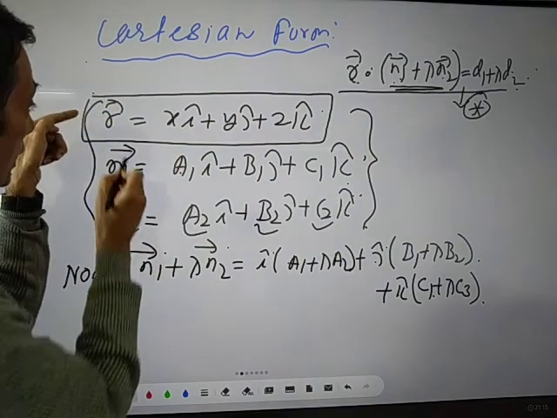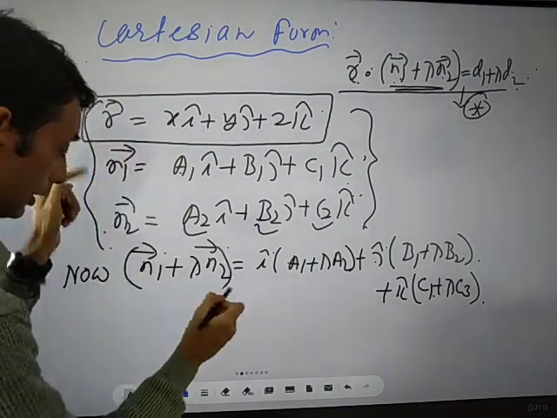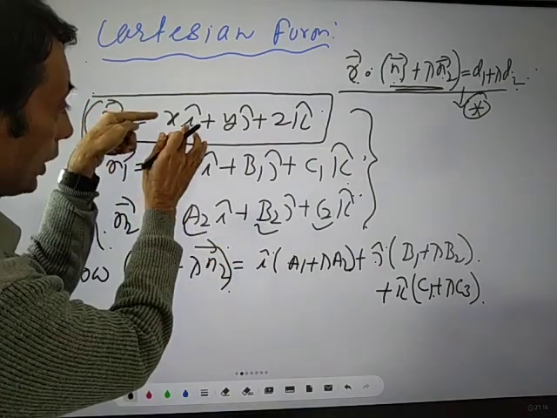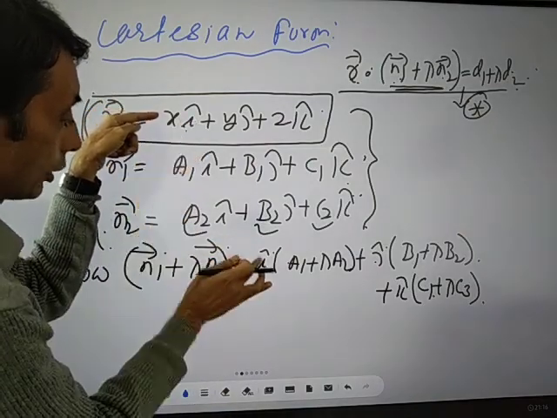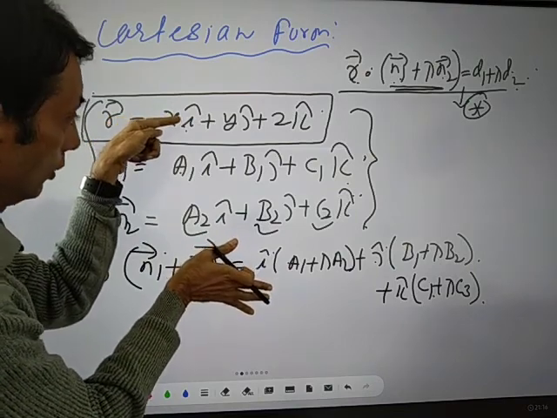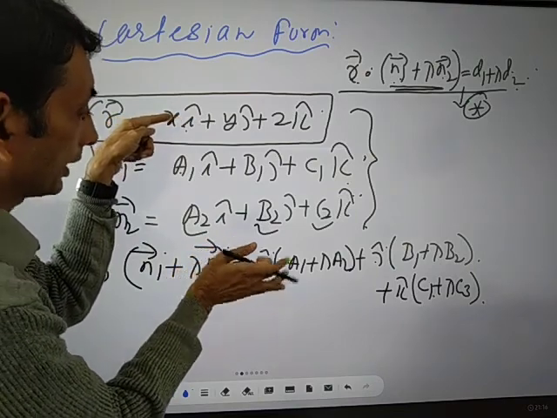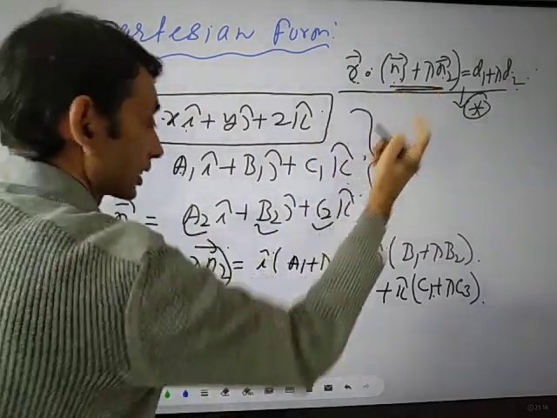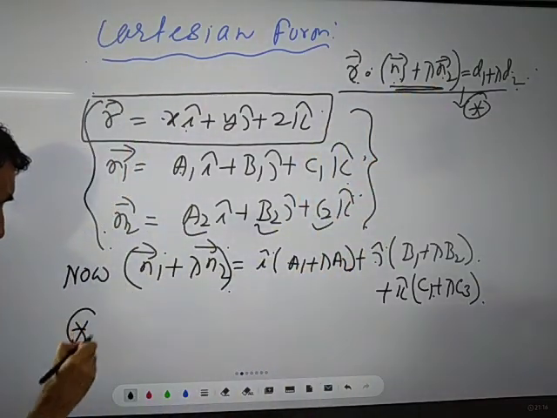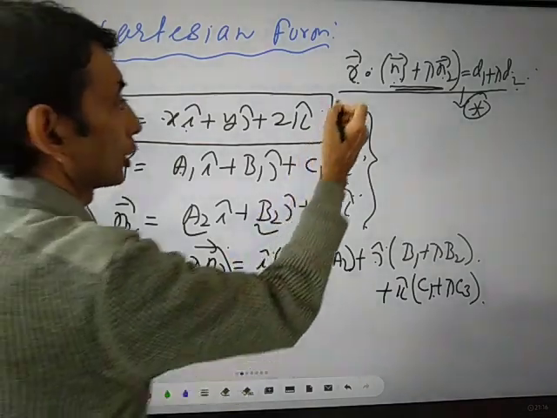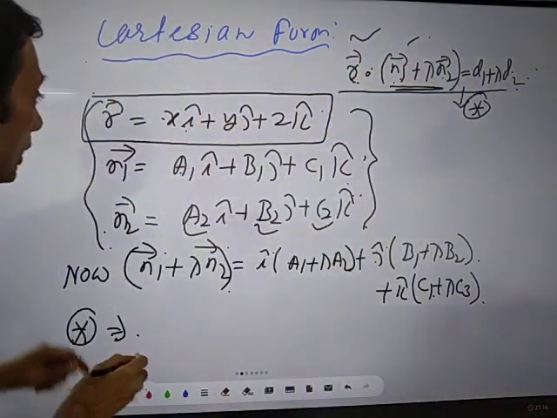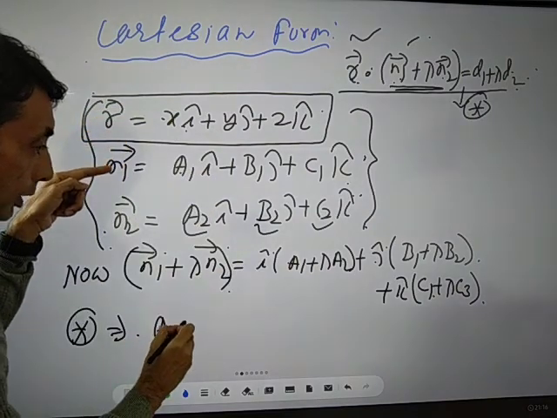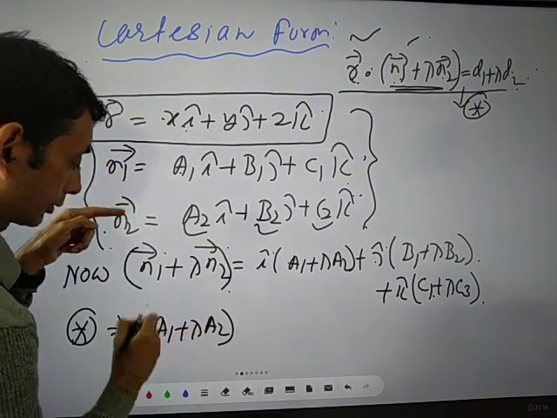So if you use a dot product between r and this n1 vector plus lambda n2 vector, i dot i is 1, so you will get this term, that is a1 plus lambda a2. So from this equation, that is star, if you use a dot product between these two vectors, i dot i is 1, so the first term will be a1 plus lambda a2 x.